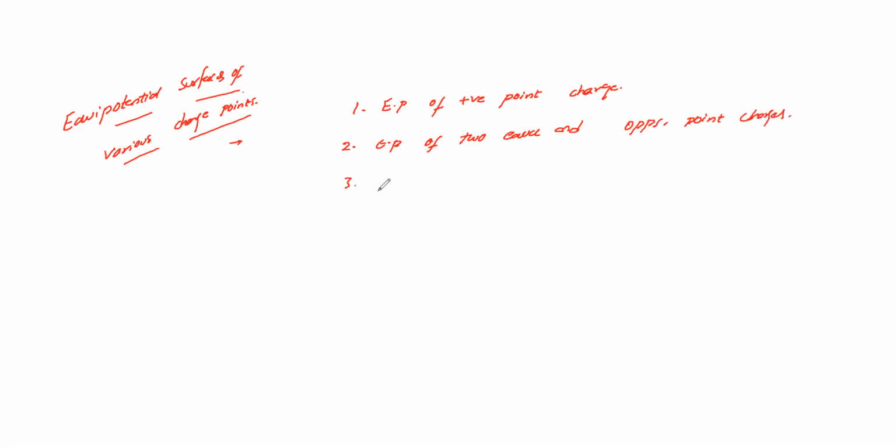Third one: equipotential surfaces of two equal positive charges. And fourth one: equipotential surfaces of uniform electric field. Just take these points, then I'll explain them. Take it, ma.